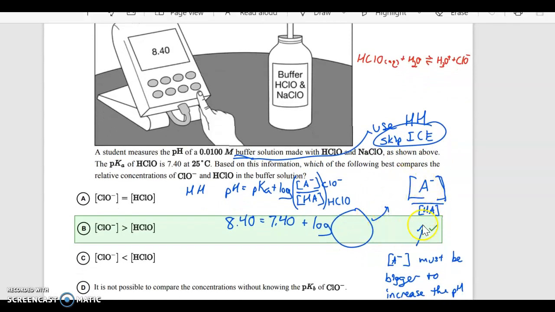So here you're just considering what those concentrations should be in order to get this pH. This concentration of A minus has to be larger, and the concentration of HA has to be smaller.